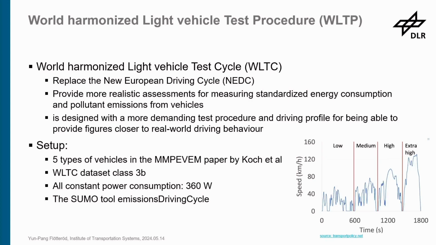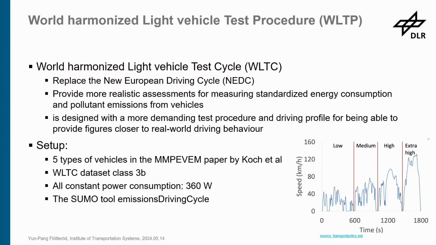This procedure aims to better match the laboratory estimates of energy consumption and emissions with the measurements of on-road driving conditions. And we used 5 different vehicle types according to the paper on MMP EVM by Koch et al. The main reason is that we can then directly compare our result with their result.